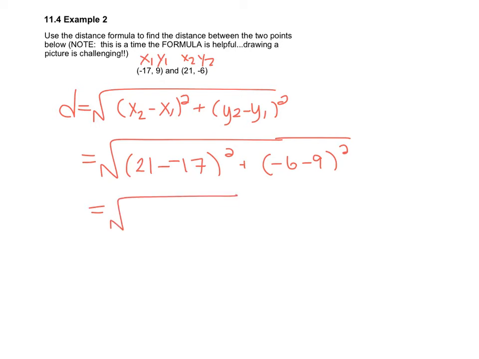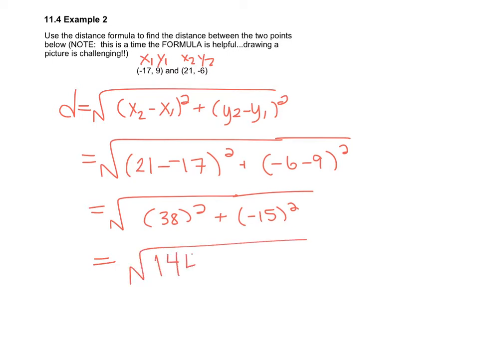Then 21 minus a -17 turns into 21 plus 17, which turns into 38 squared, plus -6 minus 9 turns into a -15 squared. So again, really large numbers. 38 squared is 1,444. And -15 squared is 225. So these numbers are pretty intense and pretty large.